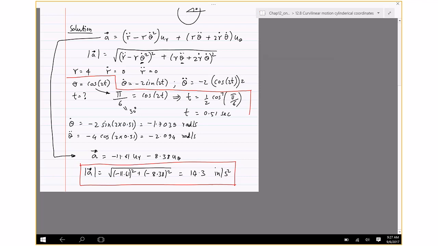Just make sure when you got negative 11.61. You just plug it into that formula, right? Yes, I use this formula, because R double dot is going to be 0, so it's going to be R times theta dot squared.